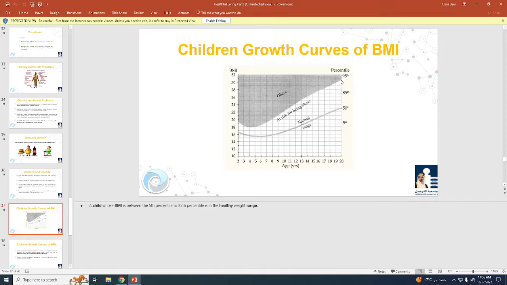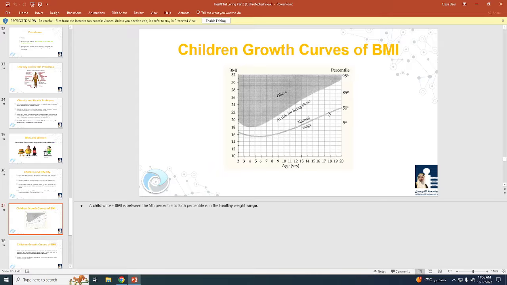For the percentile, if you have a 12 years old child, and his BMI is 20, we draw a line vertically from the age until we reach the 20, and we draw a line horizontally. At the intersection, you will decide whether the child is obese, overweight, underweight, or normal weight.